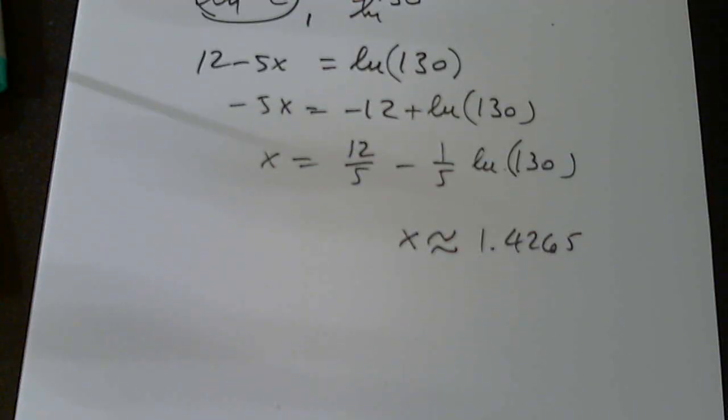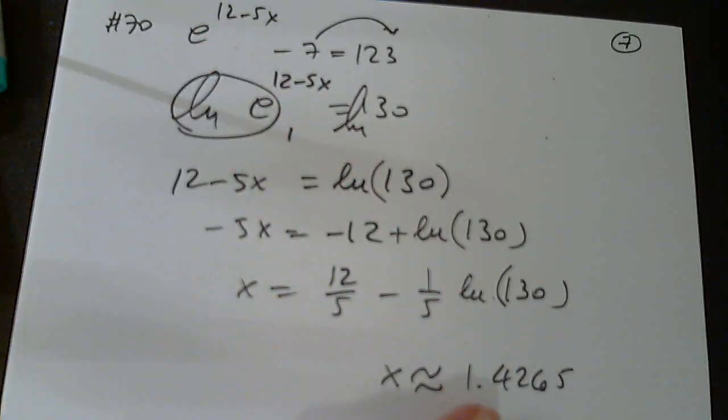If I don't, I know that that 1.4265 is not correct. What should I get when I hit enter? If the answer is correct. Careful, careful, let's do this one more time.